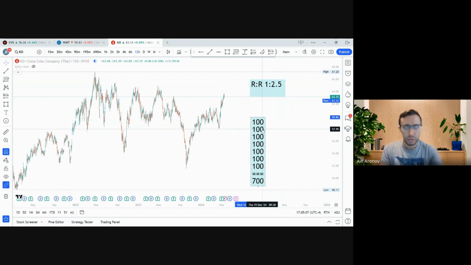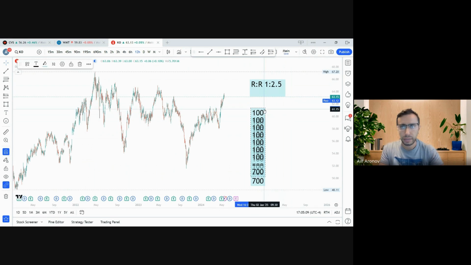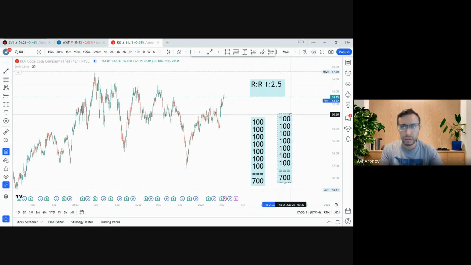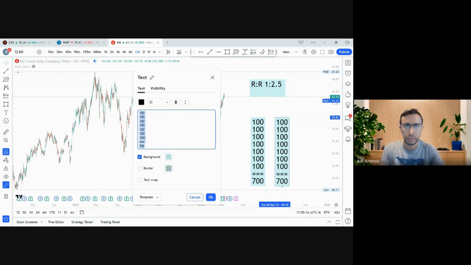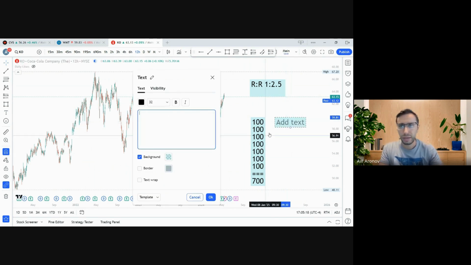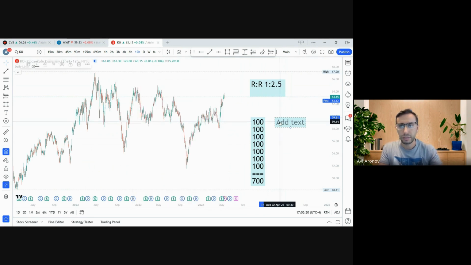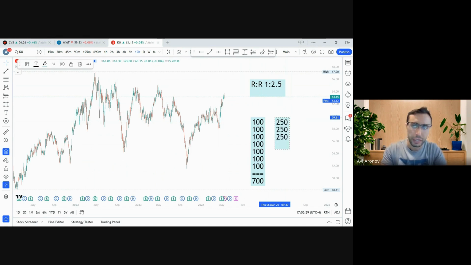So basically let's take that here, and look at something. You had to risk 7 times to lose $700. But if you have $250, $250, and $250, you basically will be in the win of $750.